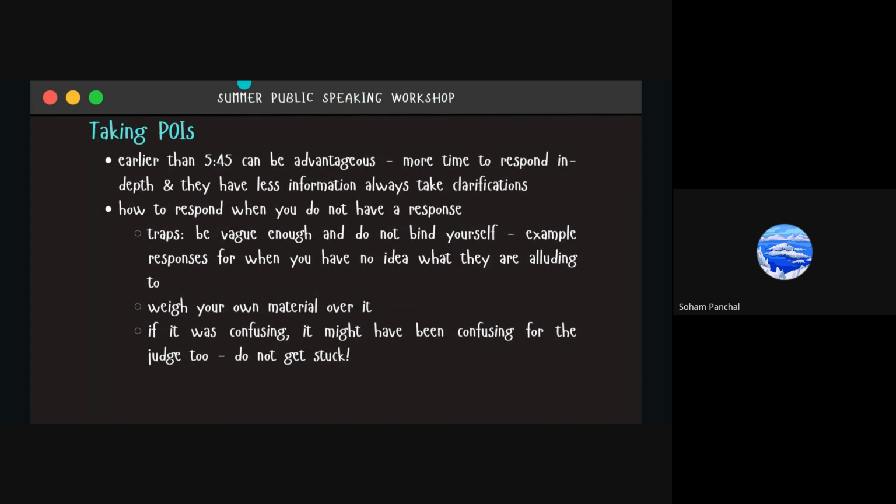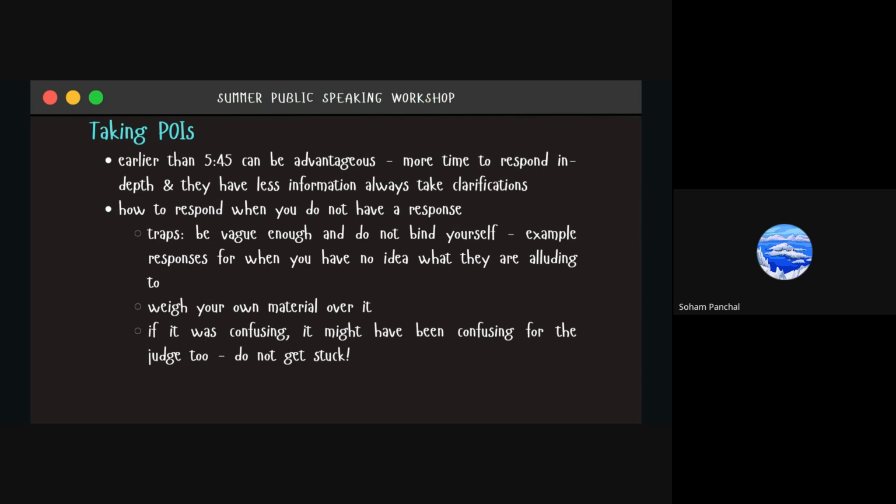Now, coming to a very good question, a prominent question asked to us: how to take POIs and how to tackle them. First of all, a very technical thing to take care of is to try to take POIs between 5:30 and 5:45, so you could properly engage in it and also put down your own points in the debate.